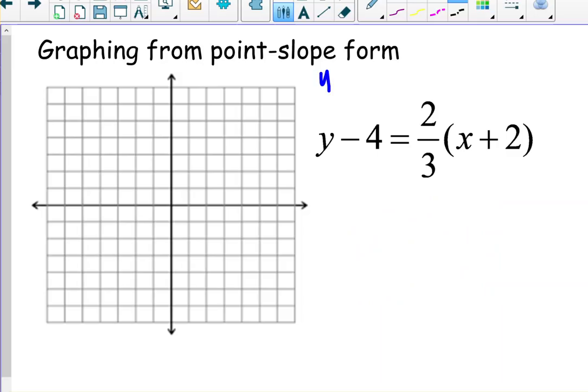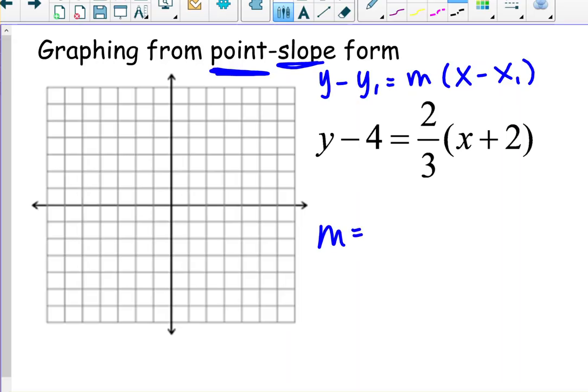Point slope is y minus y1 equals m parentheses x minus x1. And it gives you exactly what it says. It gives you a coordinate point and it gives you the slope. So slope, like we've said before, is always represented by m. That means my slope is 2/3.